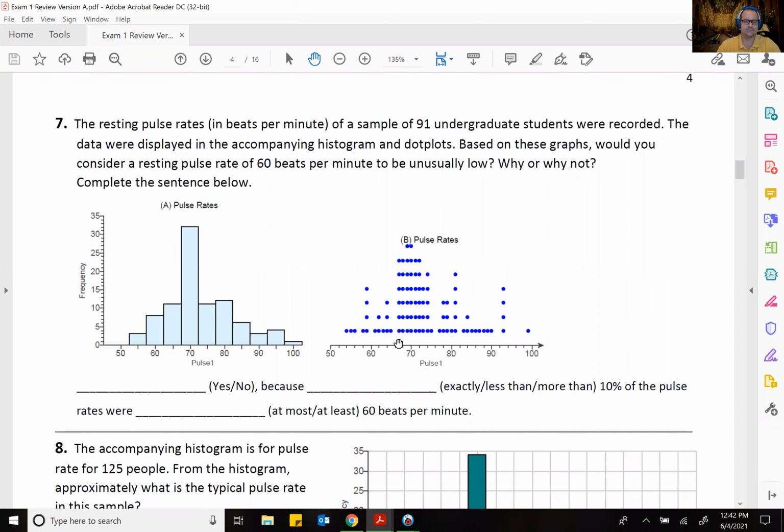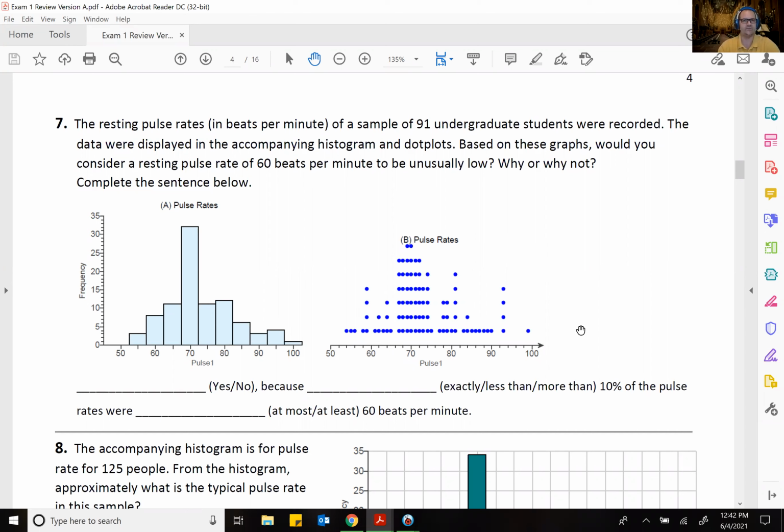That's not less than 10%. Think about the region you're talking about and then look at your numbers. You're talking about these 8 right here, so you go up to 60, but do not pass. If you were talking about all these, that would be an at least, because you can be 60 or bigger.